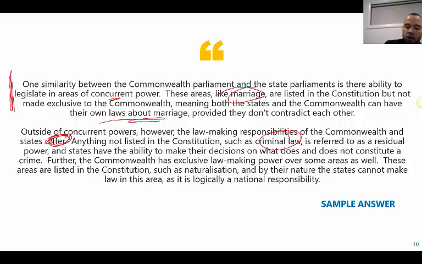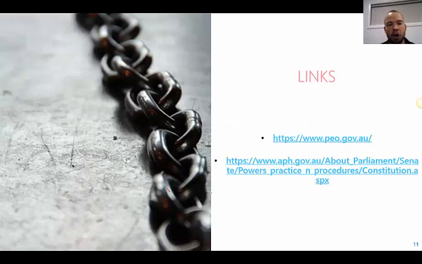These areas are listed in the Constitution, such as naturalisation, so that's who gets to be a citizen, and by their nature, states cannot make law in this area as it is logically a national responsibility. So just pointing out, hey, some things are the same, concurrent powers, but some things are different, and they are residual and exclusive powers.